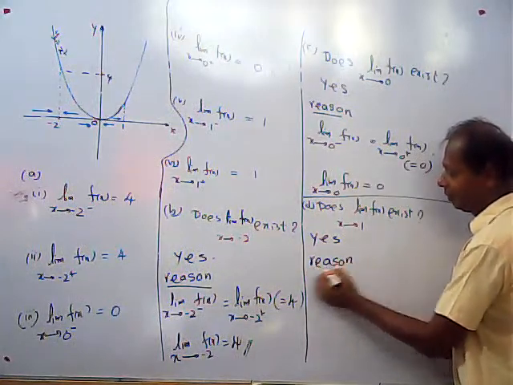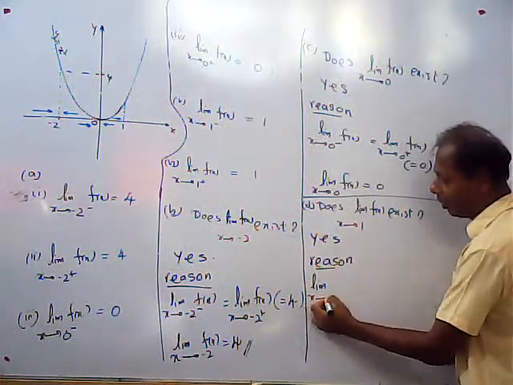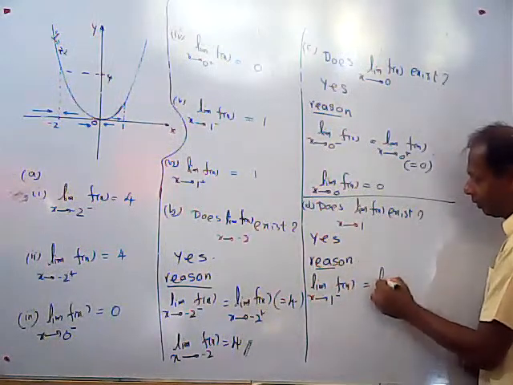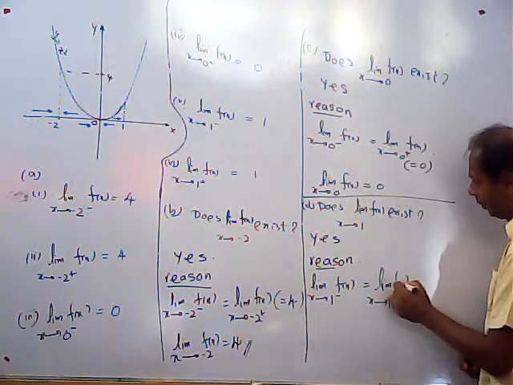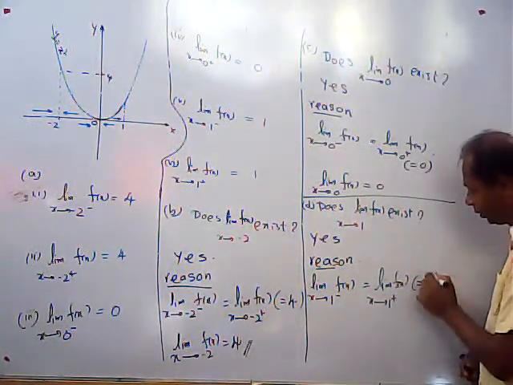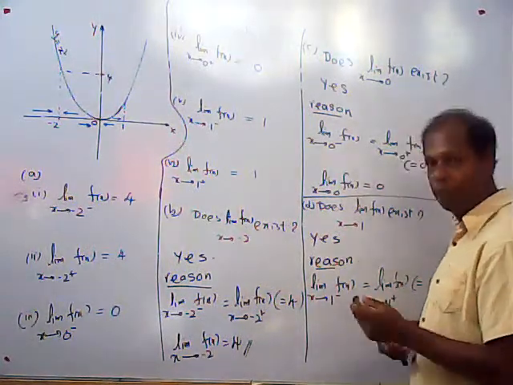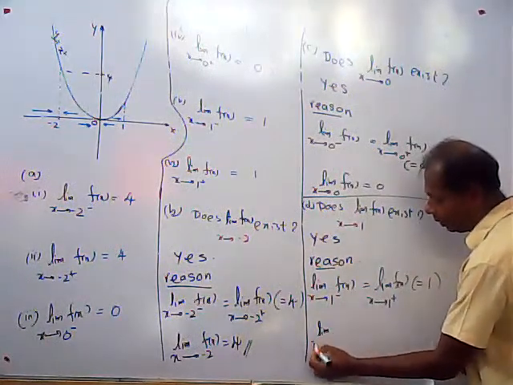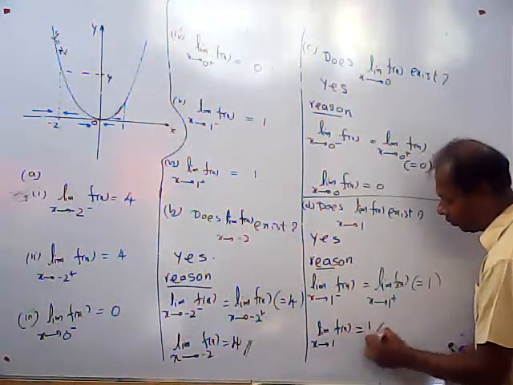Reason: the left limit at 1 equals the right limit at 1. Moreover, they are equal to 1. So the limit exists and it is equal to 1. The limit at 1 is equal to 1.